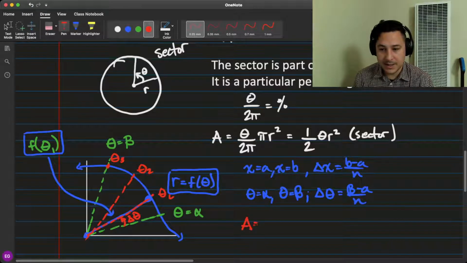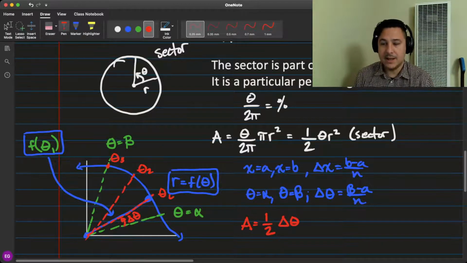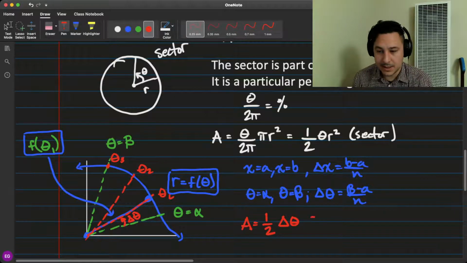The area of this sector is equal to 1/2 of theta, and the theta there is delta theta, and then you multiply by the radius squared, which is f of theta 1, or theta i.